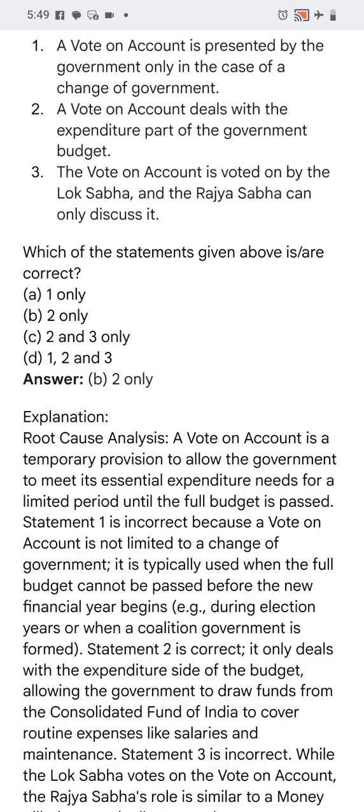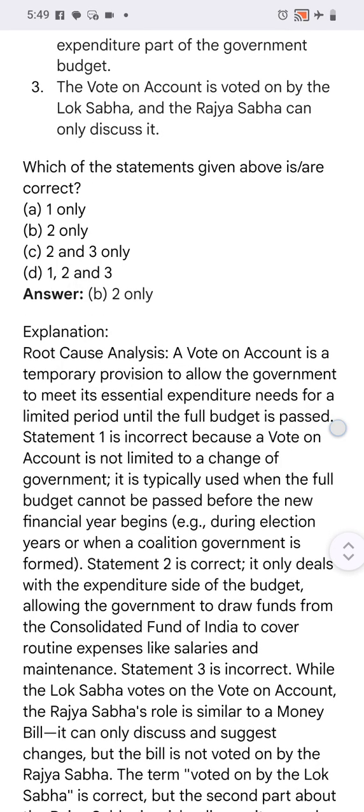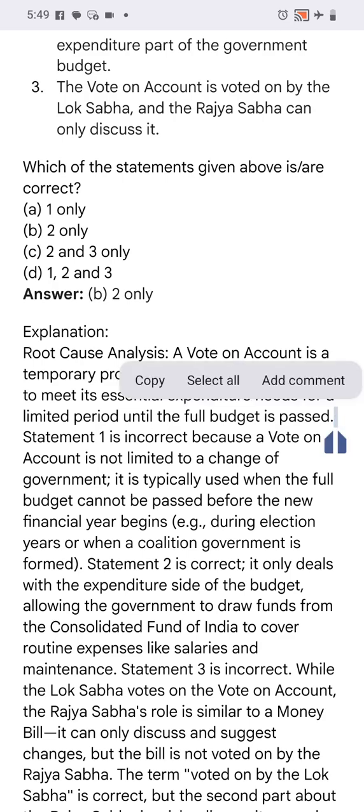This is typically used when the full budget cannot be passed before the new financial year begins. Two is correct. It only deals with government expenses, the expense side of the budget, and allows the government to draw funds from the Consolidated Fund.